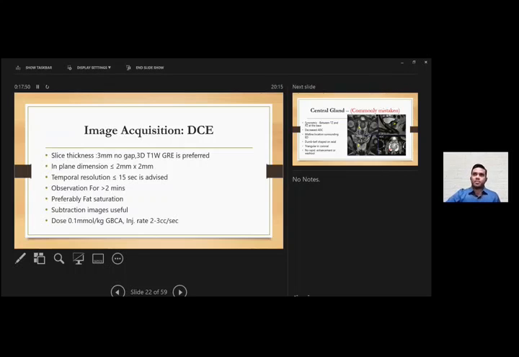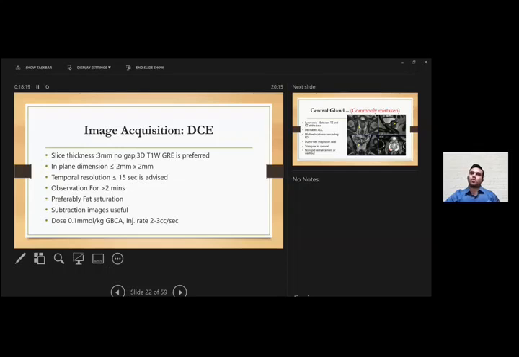When it comes to dynamic contrast MRI, as I've already said, there is now decreasing importance of it. However, if we are doing dynamic contrast MRI, the requirements are a slice thickness of 3 mm, no gap. Ideally, a 3D sequence is required, and the temporal resolution should be less than 15 seconds, meaning we should be able to scan the entire prostate in less than 15 seconds.